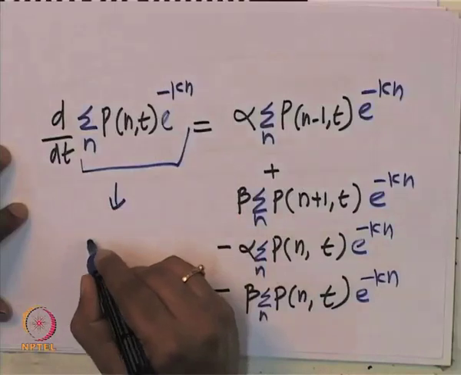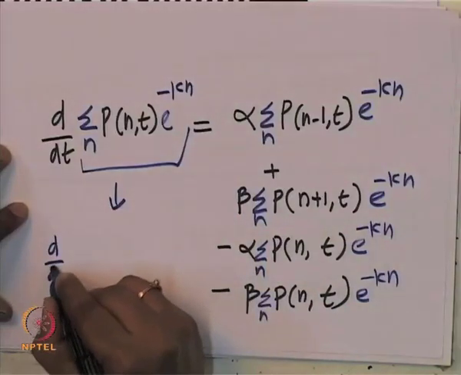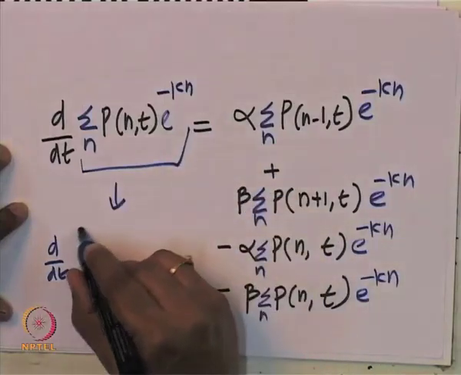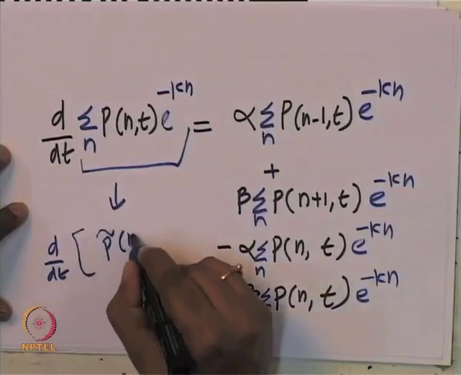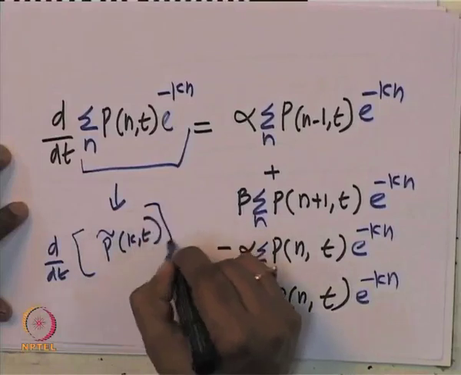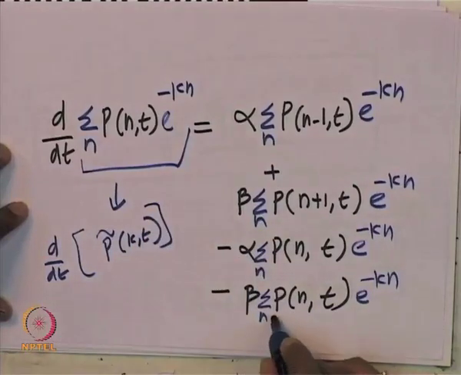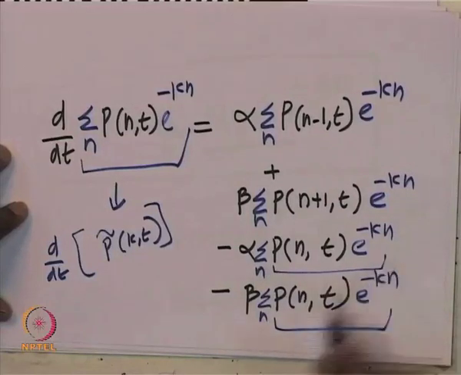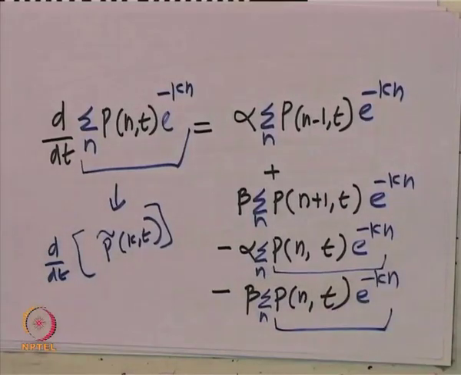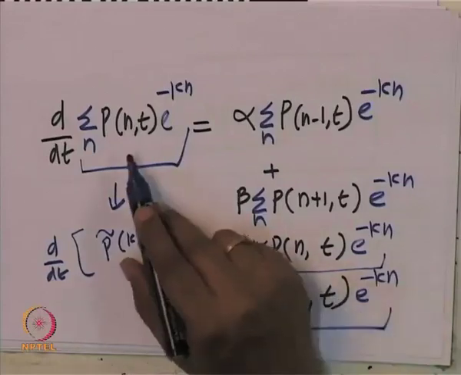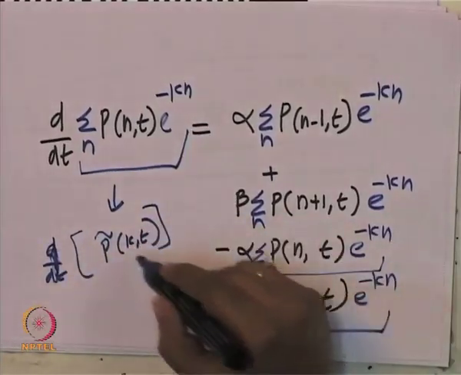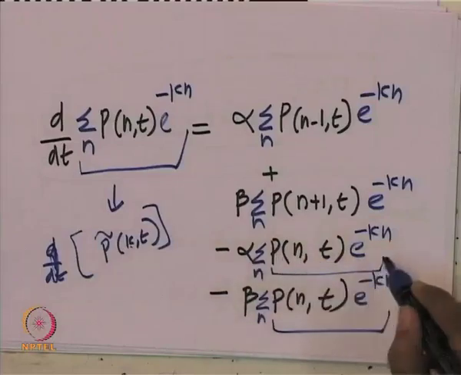I can write this as d by dt of this part alone, which becomes p tilde of k comma t. Even this becomes p tilde of k comma t. This also becomes p tilde of k comma t. So, these three terms are all p tilde of k comma t.